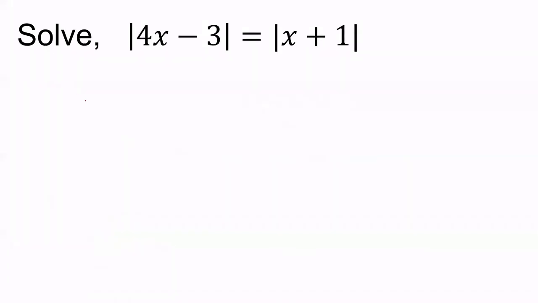All right. Take a look at the third example, and this is considered as case 2. As you can see, the example has the absolute function on both sides, which means this condition we call case 2.